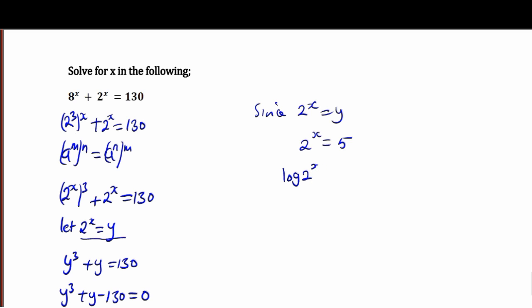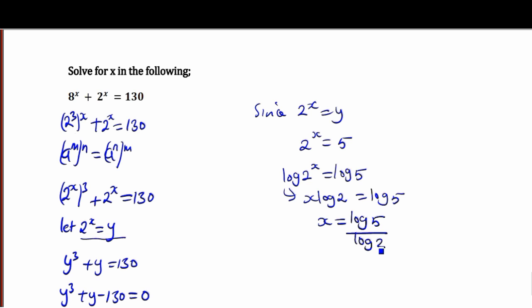So log 2 power x is the same as x log 2. Sorry, here we were supposed to introduce logs on both sides of the equal. So this one is log 5. So x log 2 is equal to log 5, and x alone is the same as log 5 divided by log 2.